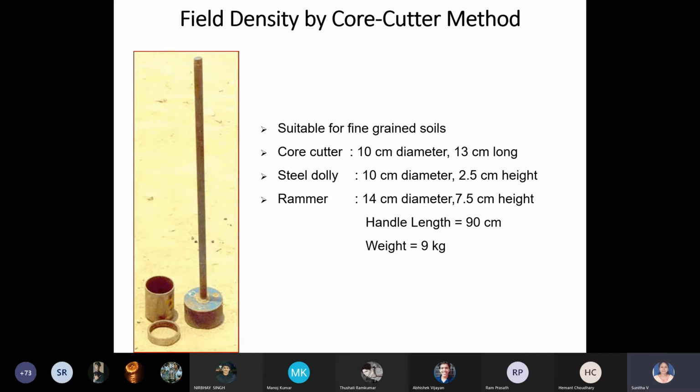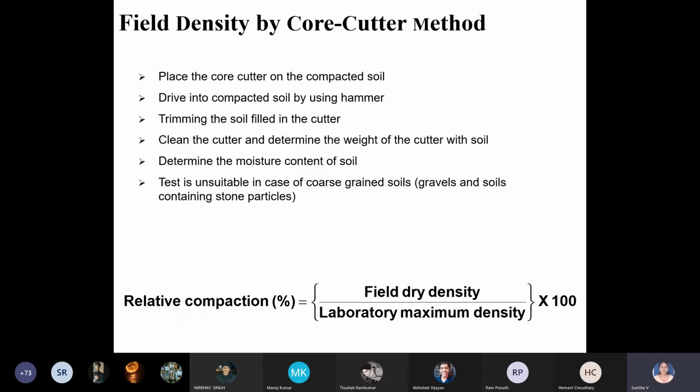If you have cohesionless soil, it won't hold; if you take it out, everything will fall down. In that case it's not possible. It is suitable only for cohesive soil. So you find the weight and the standard volume, and you can find the core density in the field.